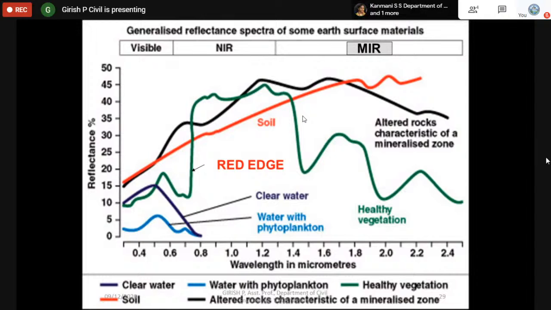That's why the reflectance curve pattern varies with the healthy condition of the type of vegetation. Depending on the condition of the vegetation, the curve varies. But in general, the chlorophyll in vegetation strongly absorbs radiation in the red and blue color.